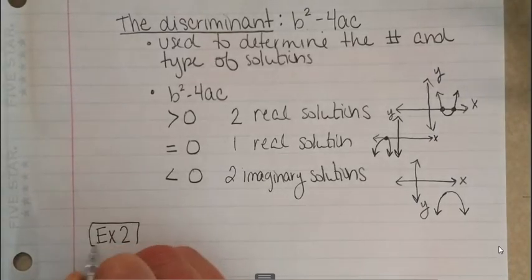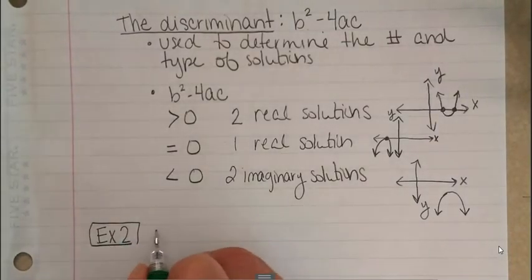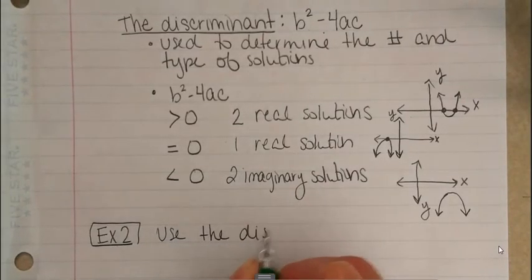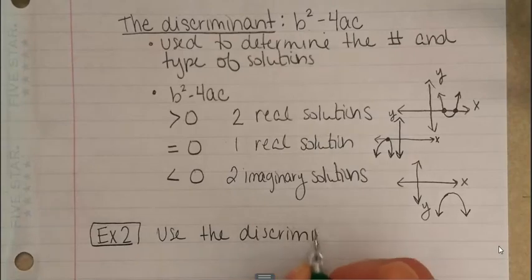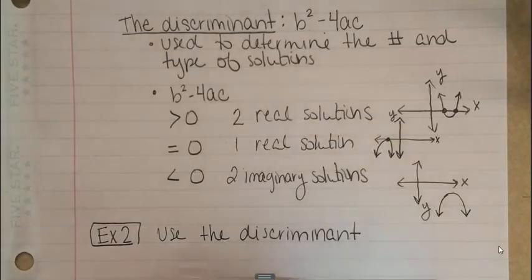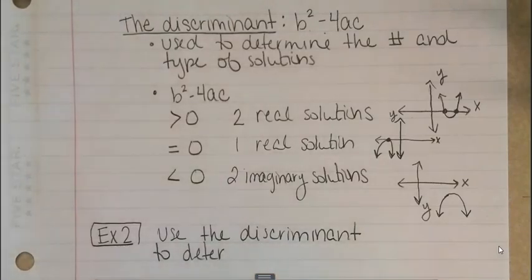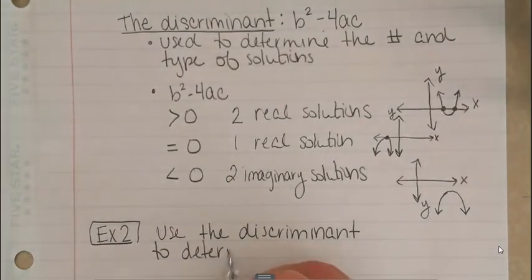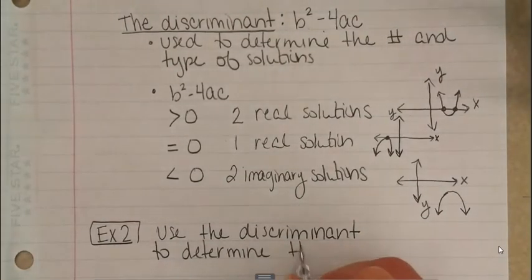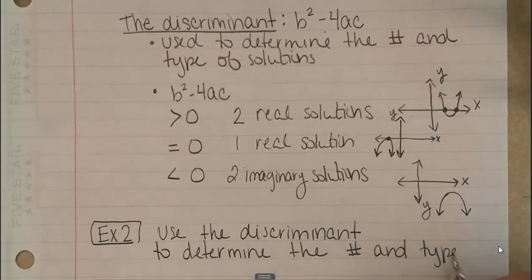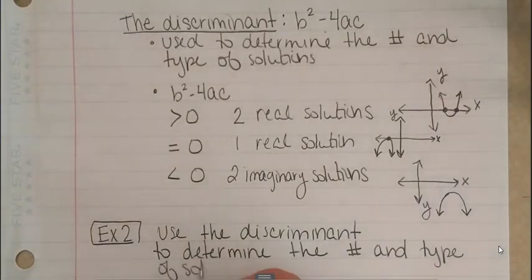Okay, so let's do an example with this one. We'll use the discriminant to determine the number and type of solutions.